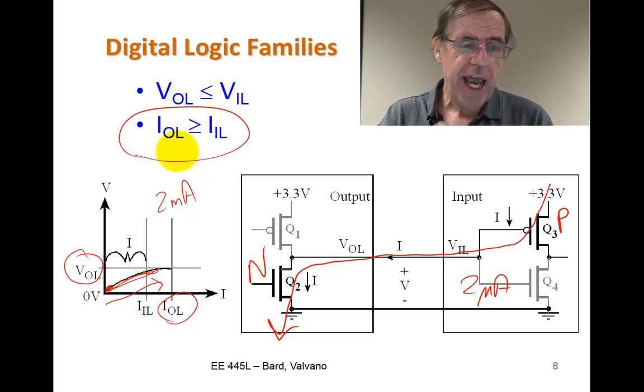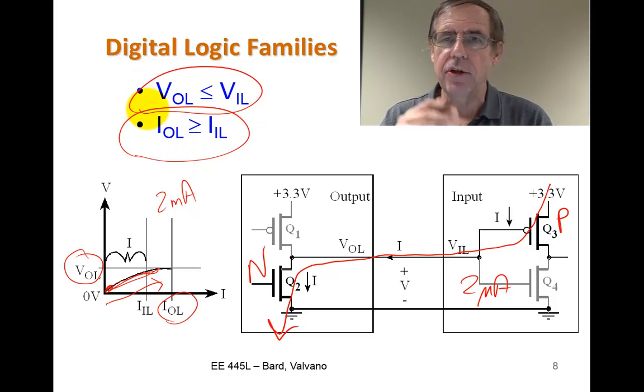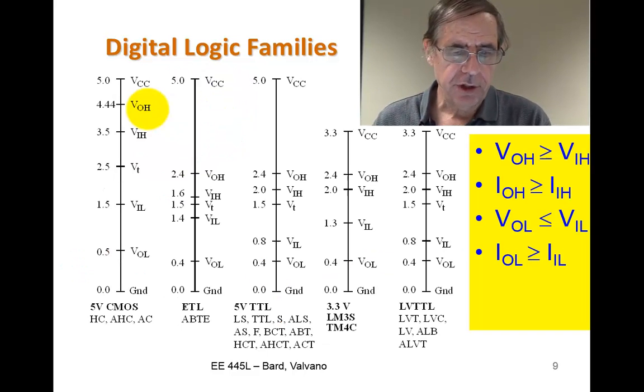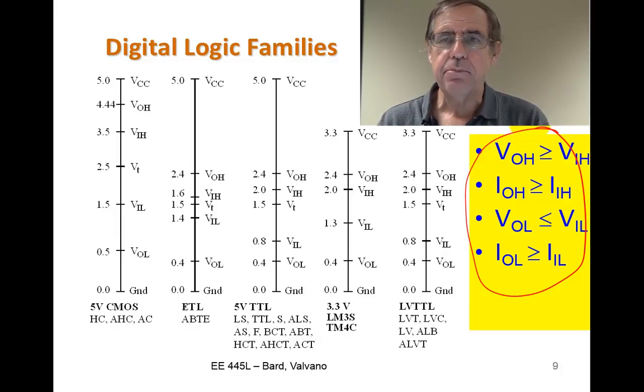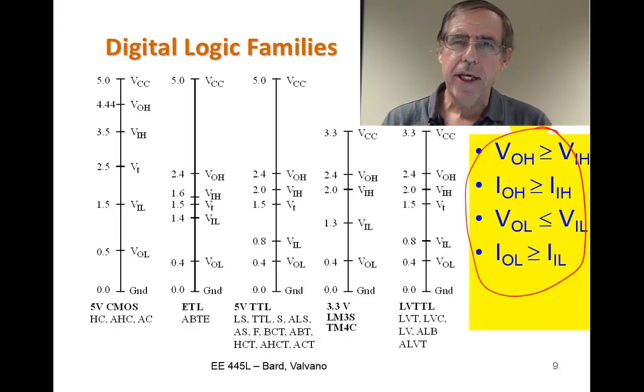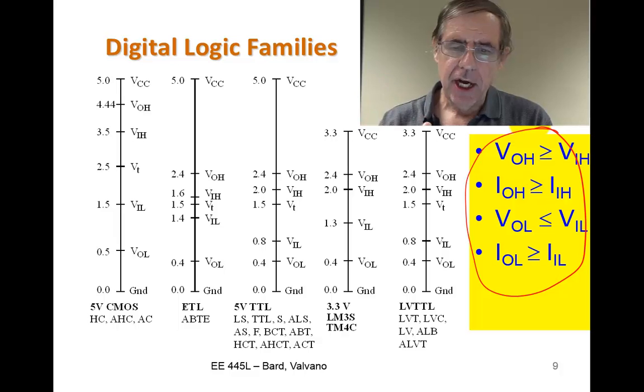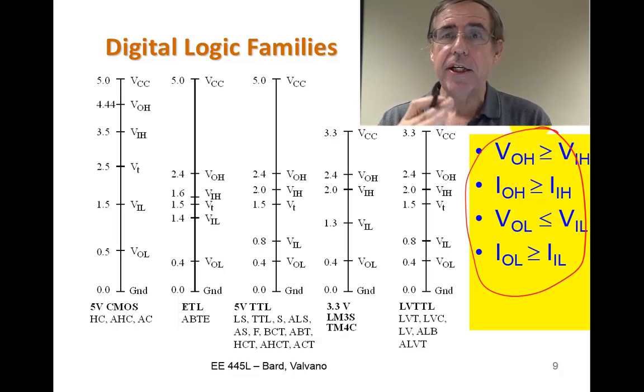So the device has to be able to drive all that current, and this voltage must be less. So those are the two inequalities for the output. If we see all those inequalities together in one design parameter, this will be our design specification for connecting up two digital circuits to make sure they work.